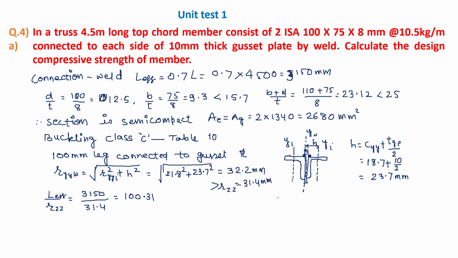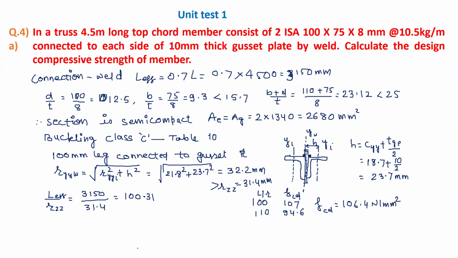Then buckling class C, so we have the value of FCD for L by R of 100 and 110 from the table, and then we have FCD 94.6 for 110. Just check it, I got the value of FCD as 106.4 Newton per mm square.